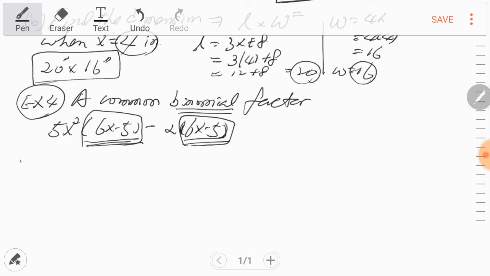So we can actually factor out this binomial. So factor out 6x minus 5 with the parenthesis all together. Then multiply by parenthesis and write the leftover factors. 5x squared minus 2. Like this. So it doesn't matter whether a factor is binomial or trinomial. If that one exists in each term, then we can factor it out because it's a common factor.